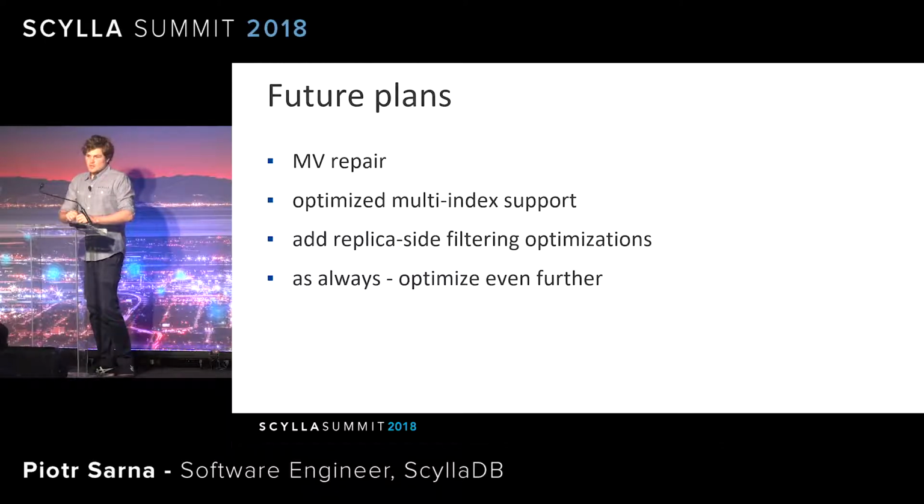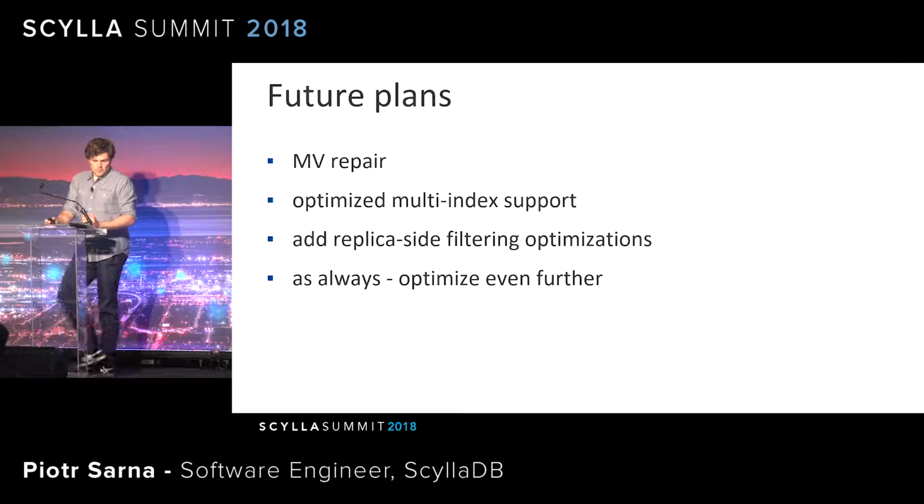Then optimized multi-index support. That's what I was talking about two slides before. Selectivity statistics. If we had that, we could apply several optimizations to our index queries, and using indexes would be an even better idea performance-wise.